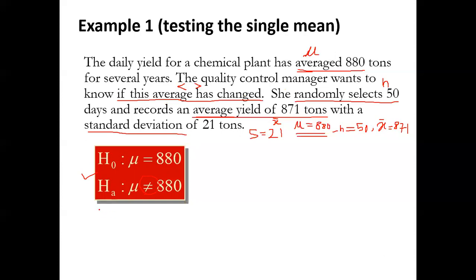So you can also state the alternative hypothesis HA as mu less than 880, or mu greater than 880.